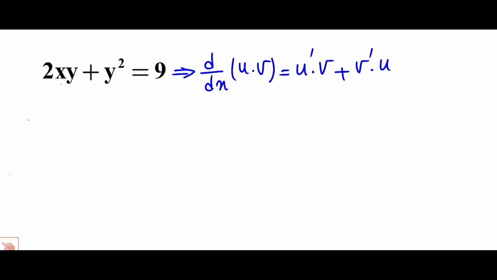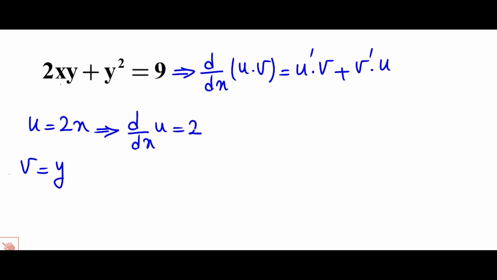Let u equal x and v equal y. So the derivative of u, or u prime, is 1, and the derivative of y, or v prime, is dy/dx, or y prime.